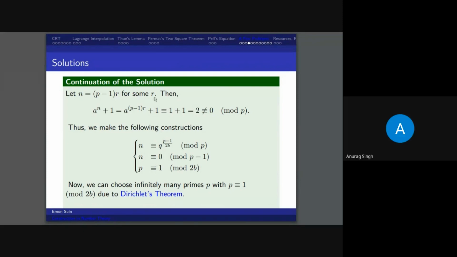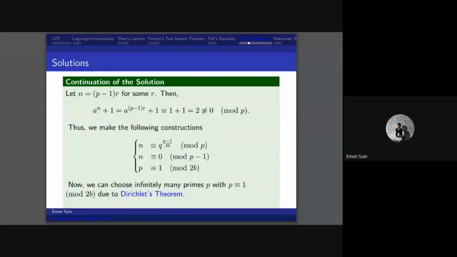I don't really know what Dirichlet's theorem is. Okay, so Dirichlet's theorem on arithmetic progressions states that if you have an arithmetic progression, say a plus b, a plus 2b, and so on to a plus nb, and then it will continue like that.